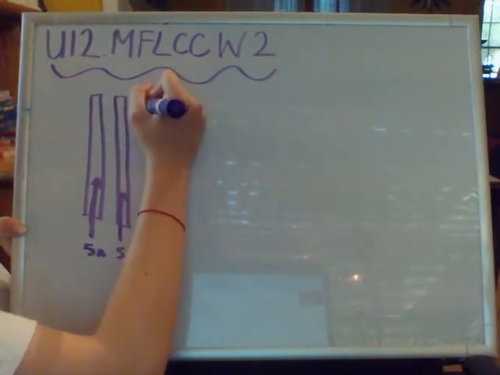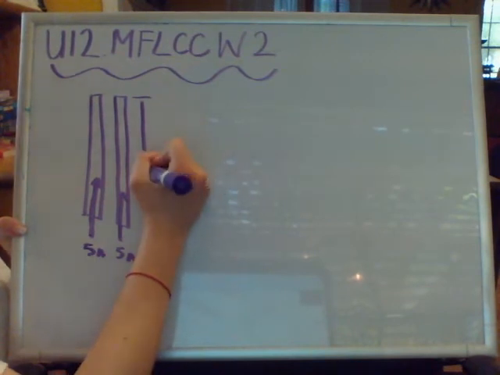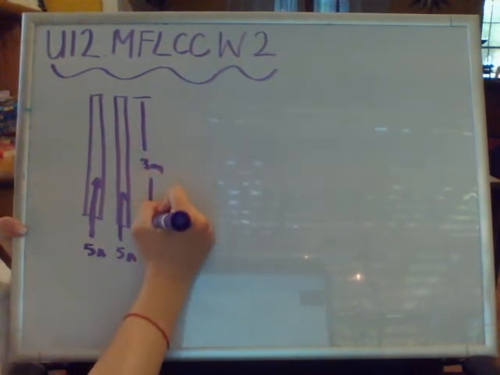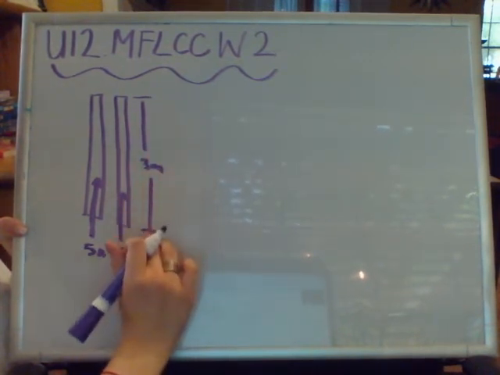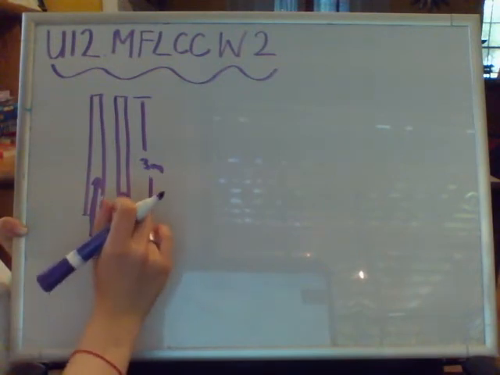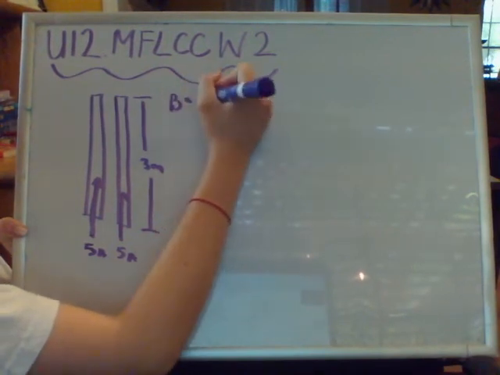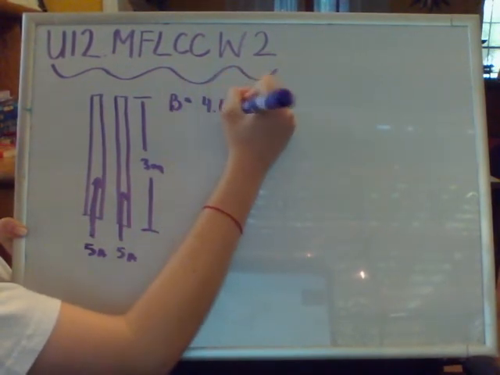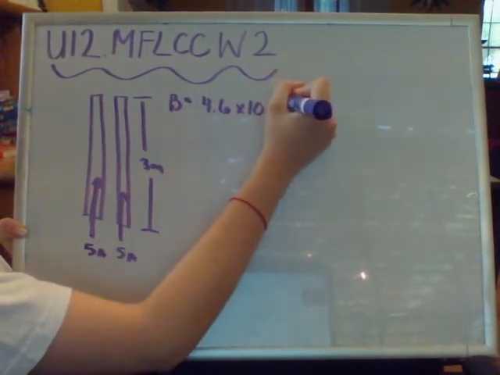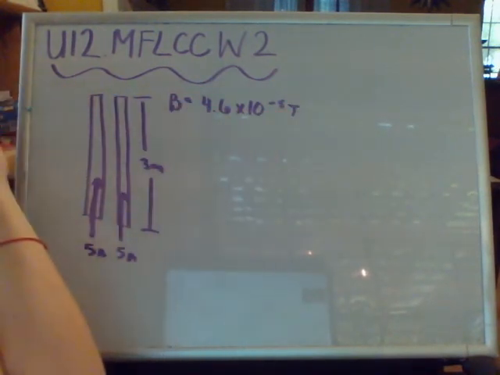And the length of both of these wires is going to be 3 meters. And the magnetic field is given to us, and it is equal to 4.6 times 10 to the negative 5 teslas.